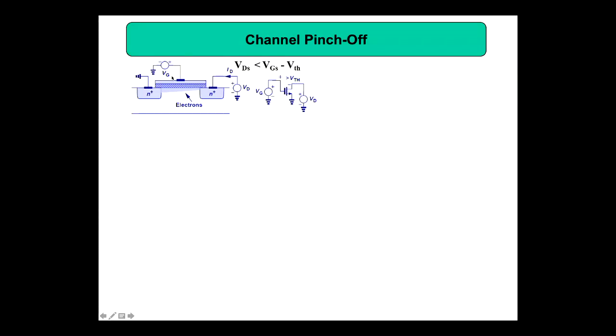Why we are studying this is we already found out the electron density is different across the channel. And now we are going to find out some interesting phenomena because of this electron density variation across the channel. So I am going to put in VTH as 0.5 volt, or 500 millivolt.